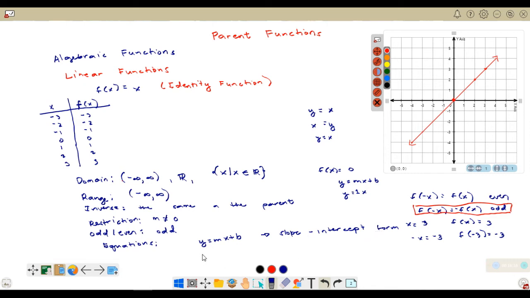We also often use y minus y sub 1 is equal to m times x minus x sub 1, which is the point-slope form of linear functions. And of course, the general form, we have ax plus by plus c is equal to 0. Okay? I hope that was clear.